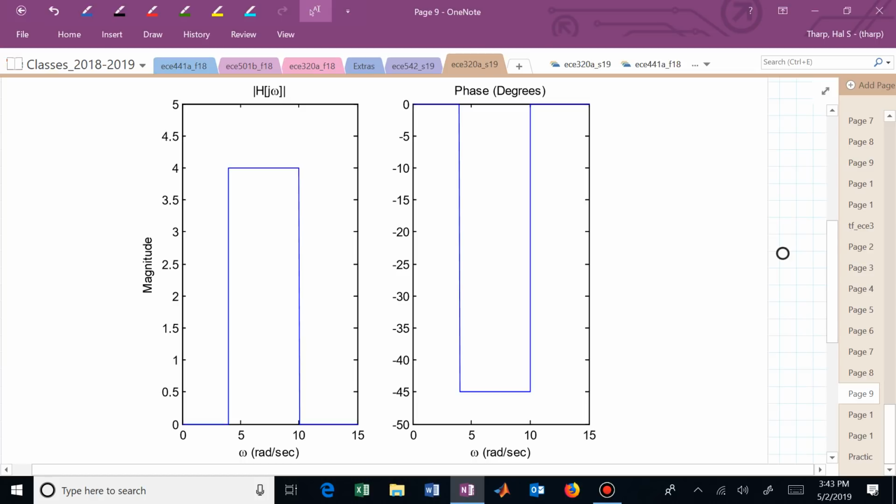It gives you your magnitude and angle of any sinusoid that might be applied to this system between 4 radians per second and 10. And any frequency between 4 and 10 will be amplified or changed in magnitude by 4. And what's its phase? It's minus 45. This is how you could actually pull off this same kind of information if I gave you a Bode plot. You would say, oh, what's the magnitude at a particular frequency and what's its angle?